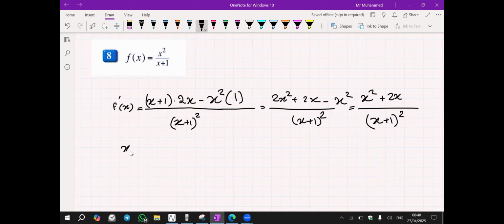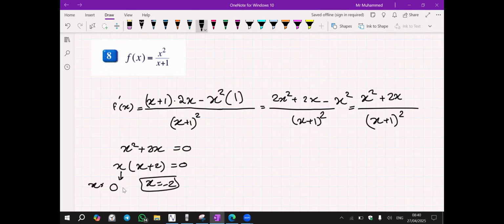What makes this 0? The numerator equal to 0. If we take x as a common factor, x plus 2 is remaining, then x equal to 0 and x equal to -2 are the critical values. And for the denominator, (x plus 1) squared is equal to 0.